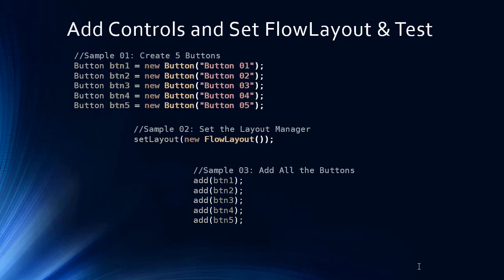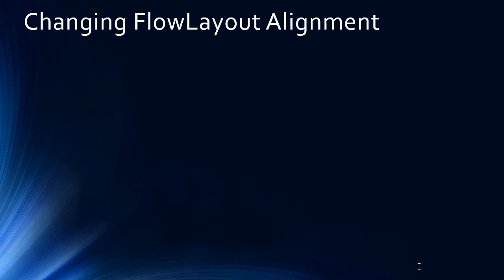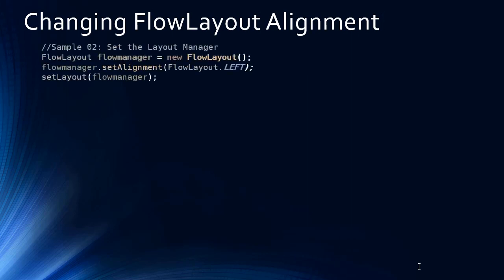I hope now you have the idea of how the FlowLayout manager is arranging the controls inside the frame window, which is a container. Now we will change the FlowLayout alignment. Previously we used the setLayout method and passed the FlowLayout directly to that method. Here we actually created a FlowLayout and we are holding a reference to that.